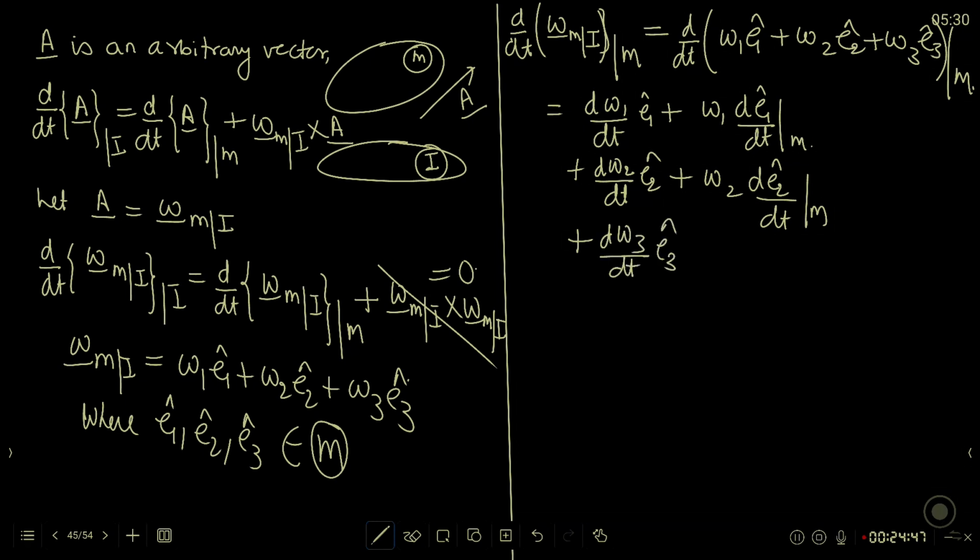Gives me 6 terms when I am differentiating omega mi with respect to m. But since E1, E2 and E3 are fixed to m, these 3 will not change.